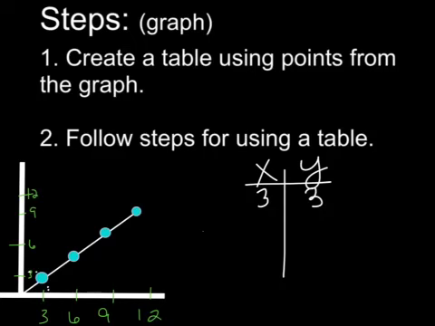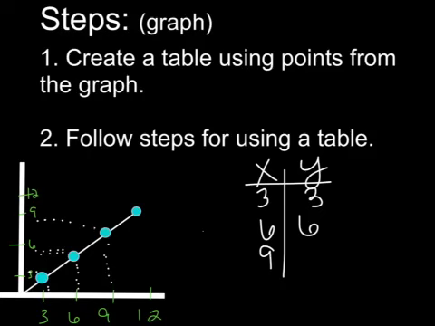On my next one, I'm going to take my point and go down and go over. So I went down to my x-axis to get 6, and I went over to my y-axis to get 6 again. Now, notice what's going to happen each time. It's going to go down to 9, over to 9.